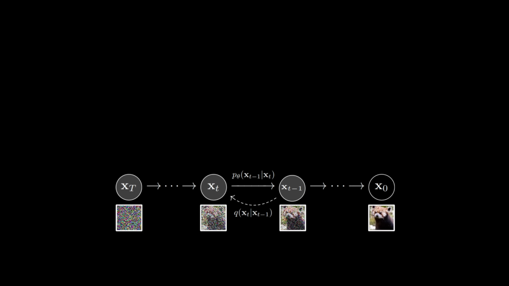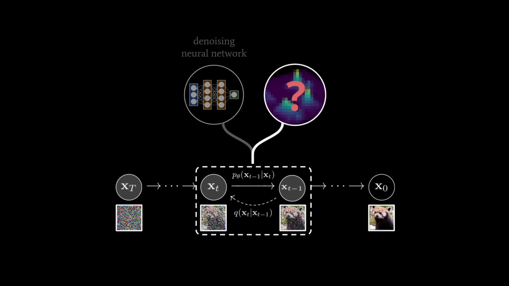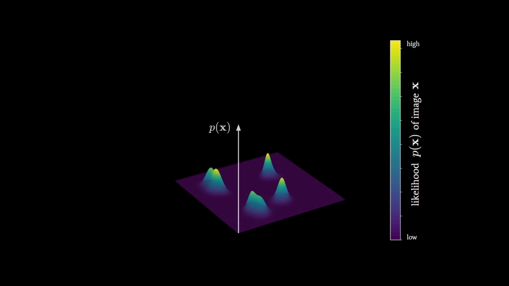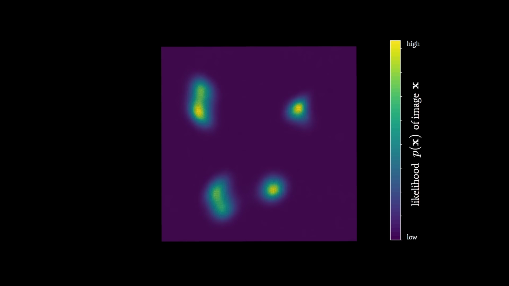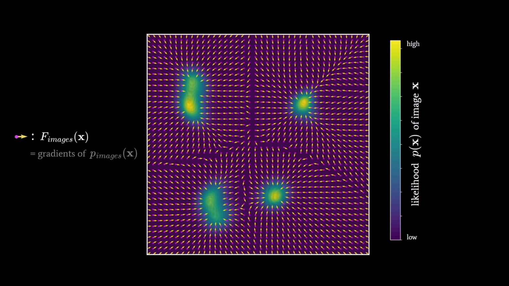So we finally have the full picture of the different roles that the two pillars play. The second pillar, Langevin sampling, frames image generation as sampling from a probability distribution, utilizing the insight that you can generate samples from any distribution if you know the F term or the gradients of that distribution.